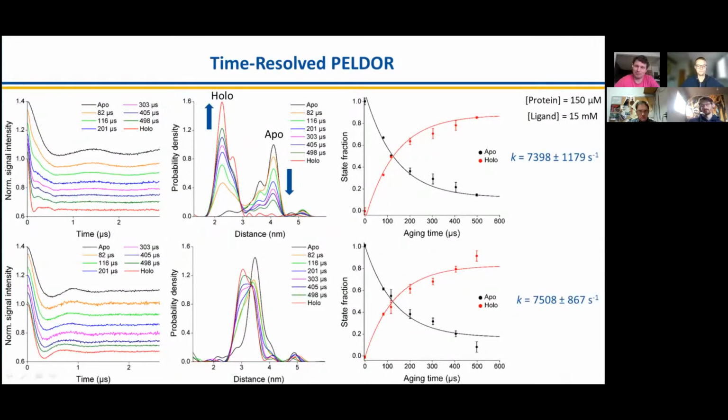Otherwise, you're saying it's quantitatively exactly the same, or almost exactly the same, between the deconvolution and the integration? Exactly. It was the same for the deconvolution and integration.